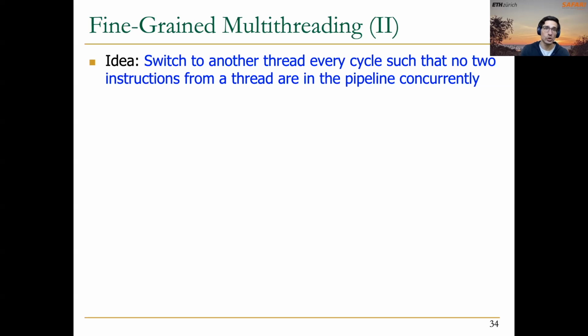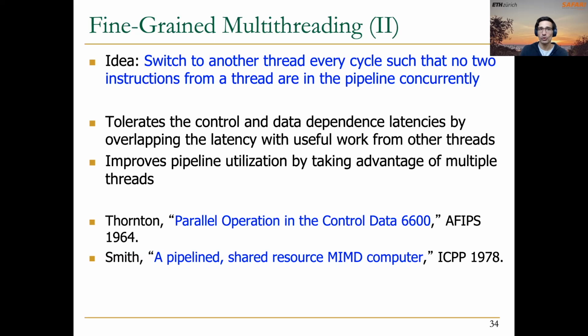The key idea is to switch to another thread every cycle such that no 2 instructions from a thread are in the pipeline concurrently. And this is a way of tolerating control and data dependence latencies by overlapping the latency with useful work from other threads. So the fine-grained multi-threading technique is very interesting because it allows us to hide latencies between instructions from a thread by executing instructions from other threads.